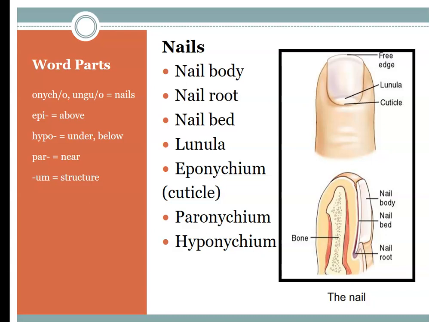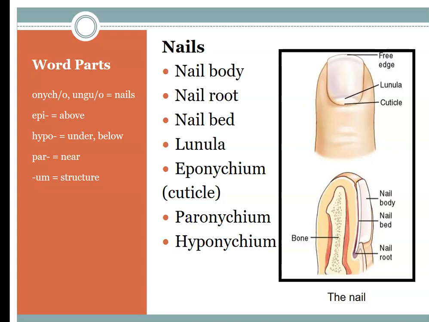The nail bed is highly vascular, which means it's blood-filled. It's tissue under the nail body, and the small moon-like area at the base is called the lunula, meaning a tiny moon. The cuticle is the skin upon the nail, and the paronychium is a small fold of skin that is at the sides of the nail, bordering the nail.